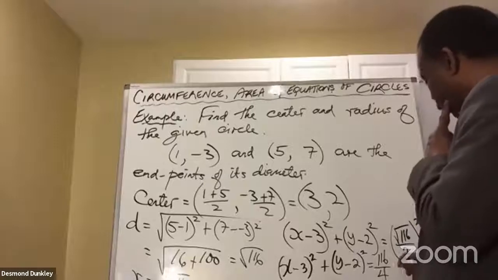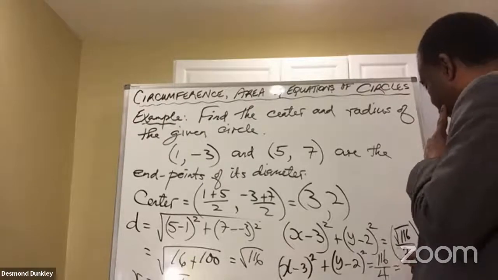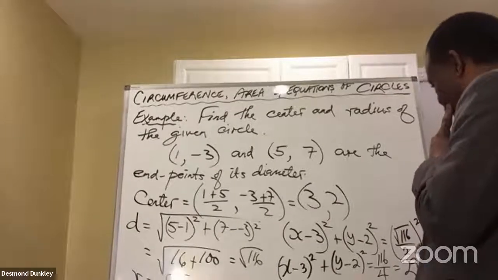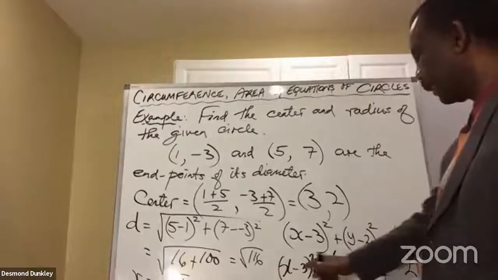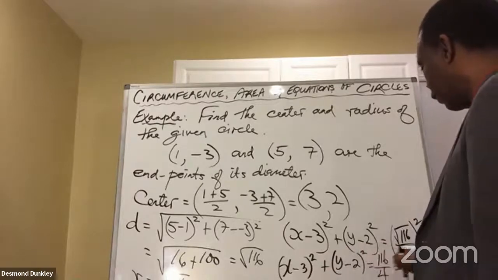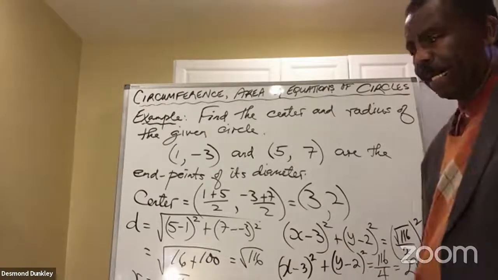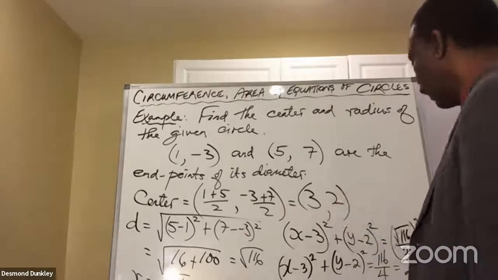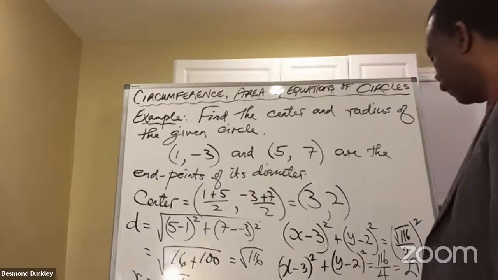And when you divide that, what do we get? 4 into 11 goes 2 times, remainder 3, 4 into 36 goes 9. So the answer is x minus 3 squared plus y minus 2 squared equals 29. So therefore, the center is (3, 2), and the radius is going to be the square root of 29.